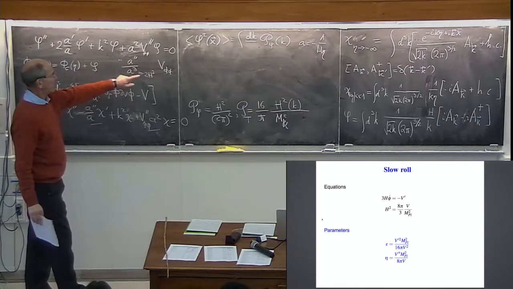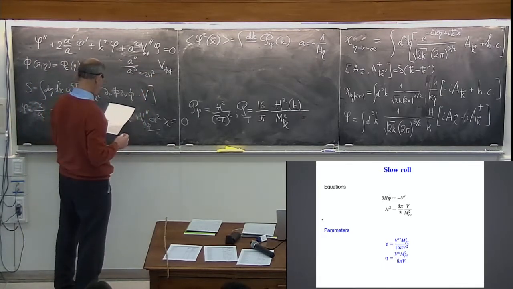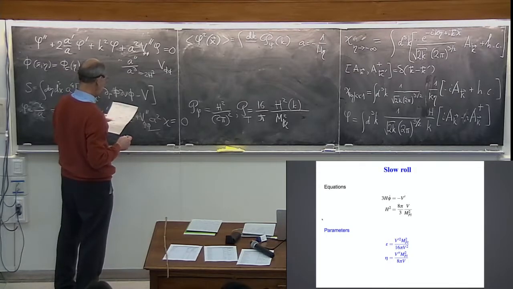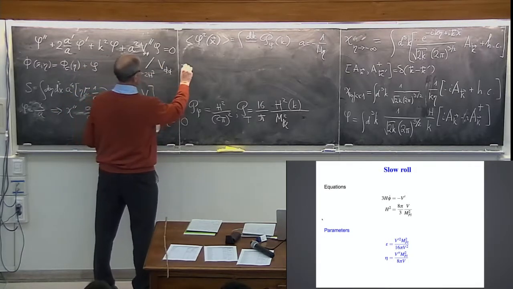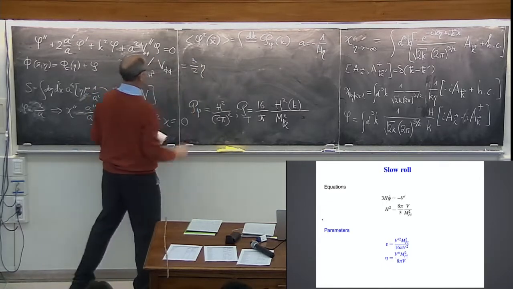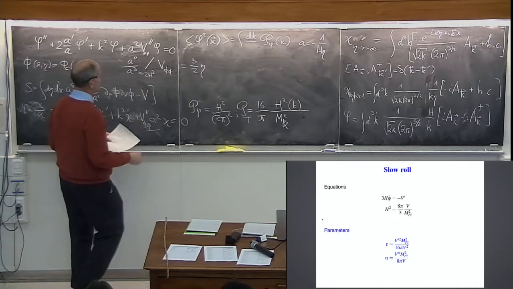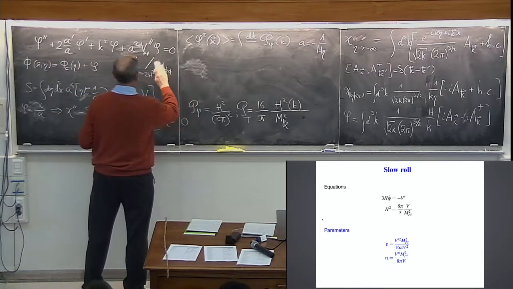Plug this in here, get 2H squared, and this is the second derivative of V. So the ratio between these two is just equal to 3 over 2 eta. The other way around, let's see.